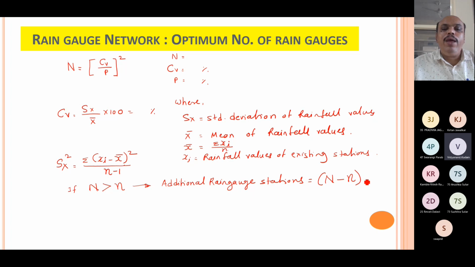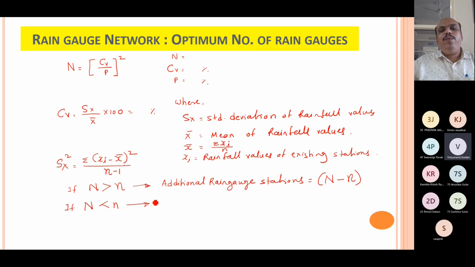Okay, so this is how we can calculate whether the available number of rain gauge stations are optimum or not. If not, we can find out how many rain gauge stations should be added in existing number of rain gauge stations. Okay, and if the value of capital N is less than small n, then what does it indicate?